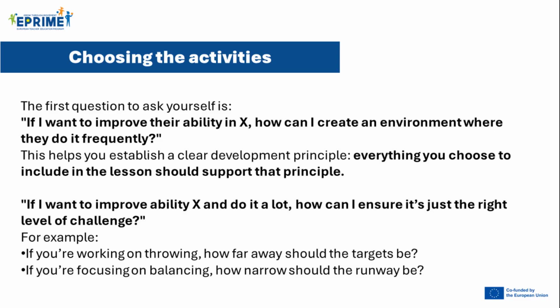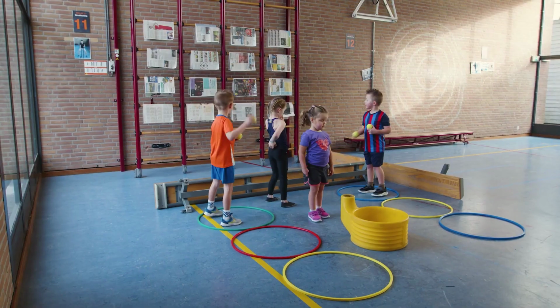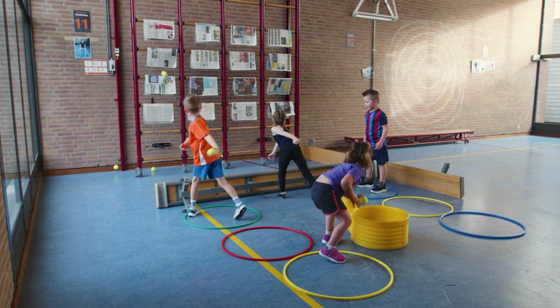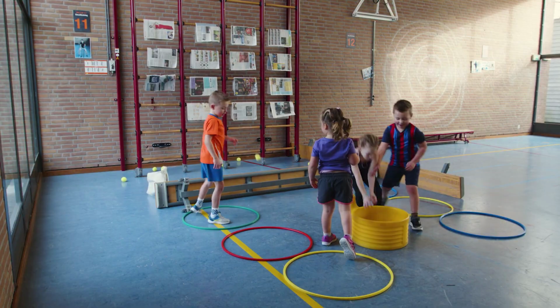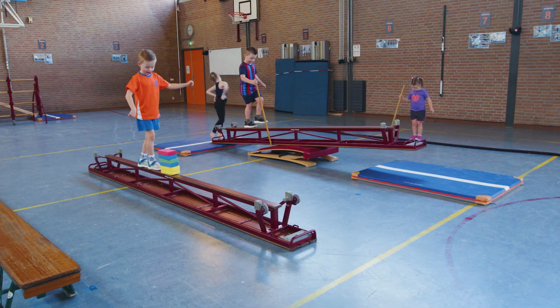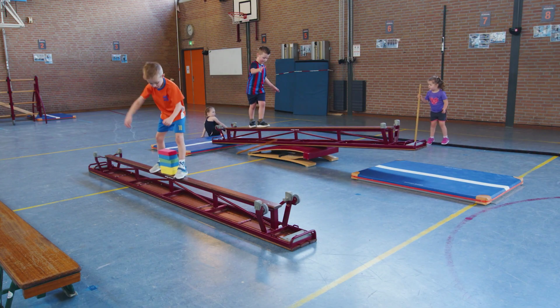Next, ask yourself, if I want to improve ability X and have them do it a lot, how can I ensure it's challenging enough for them? Think about how to make the activity appropriate for their skill level. For example, if the goal is throwing, consider, how far away should the targets be? How big should they be? Should they be stationary or moving? If the goal is balancing, ask, how narrow should the runway be?